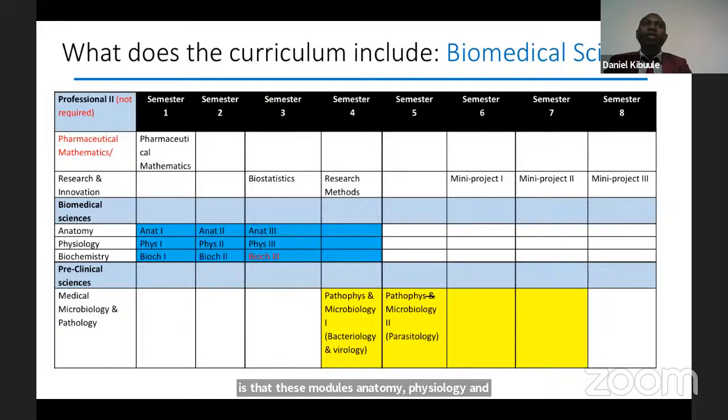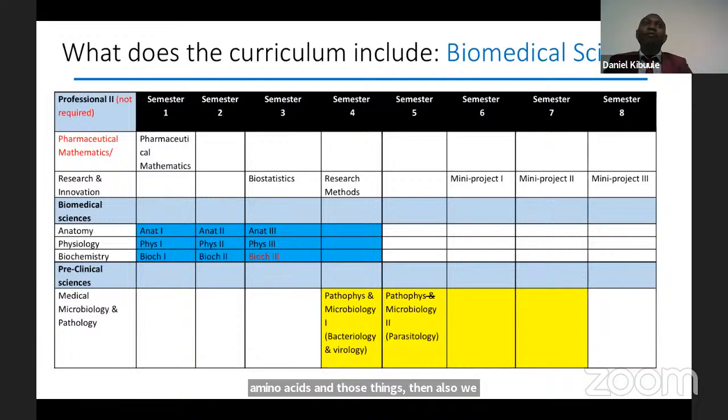So I would like to see a scenario where when our students are, for example, doing anatomy of the GIT, they are doing GIT physiology, they are doing a topic related to biochemistry of the GIT, which could be, for example, classes of our nutrients, proteins, amino acids, and those things.